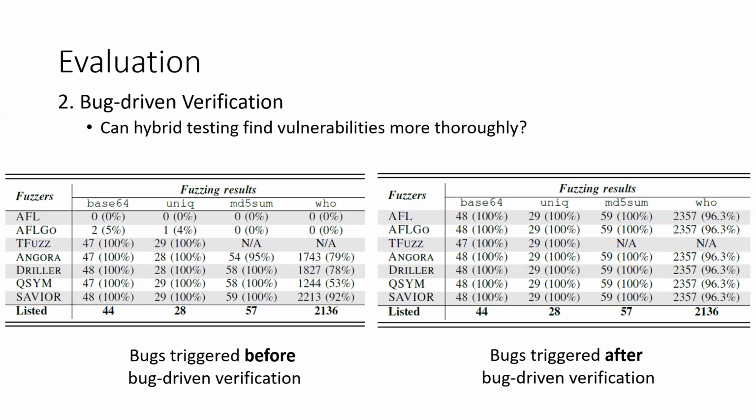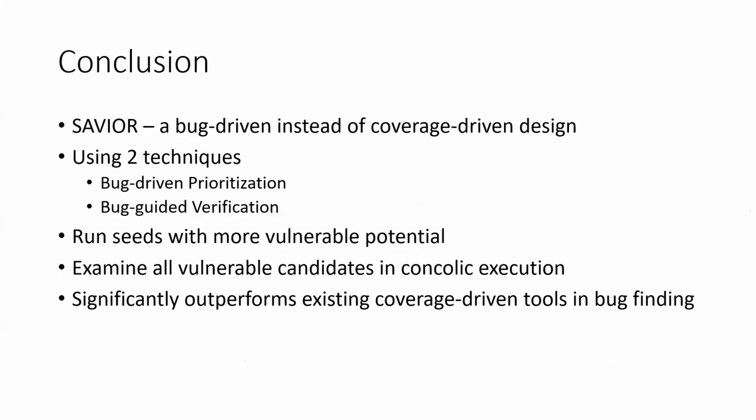And then the rest of the tools may be helpfully combined with the sanitizer. So basically they are using a sanitizer to verify it. Yeah, that's basically it for the evaluation.